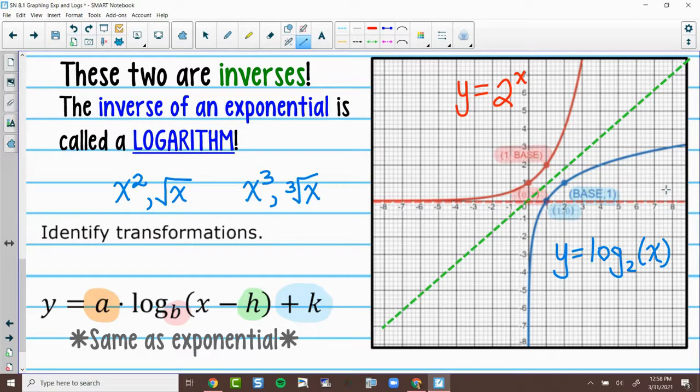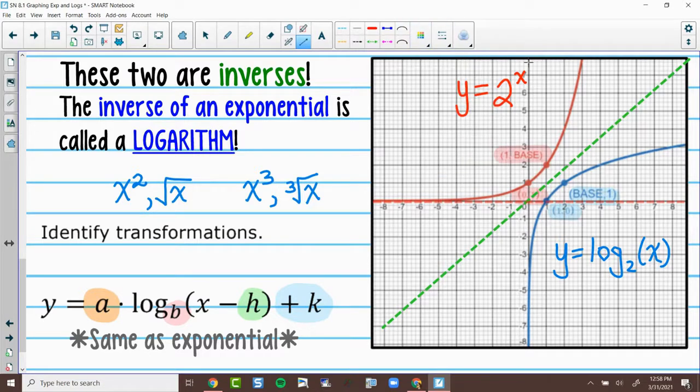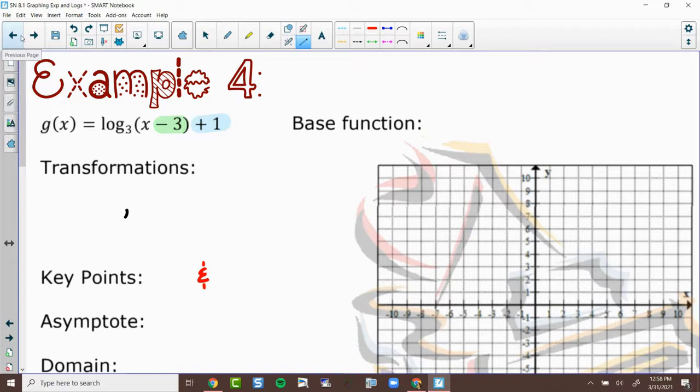But if we're switching x and y, instead of a horizontal asymptote, we now have a vertical asymptote. So lots of stuff is going to switch. You'll see I still have the word base function there because we can still use that to guide us. This one happens to have a base of 3.